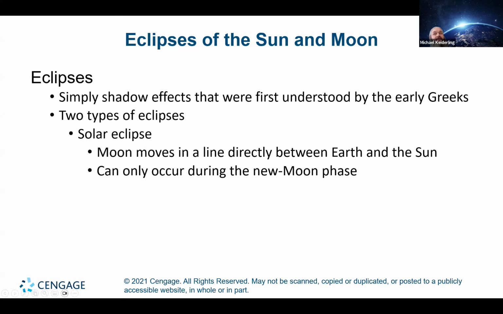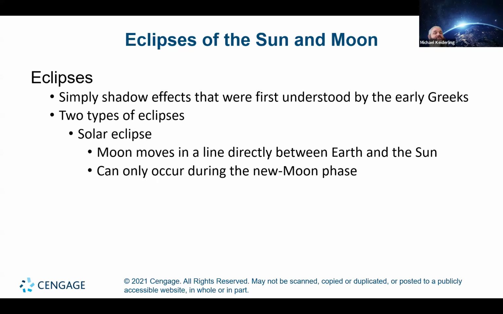So eclipses are just shadows from various objects onto other objects in space. And the fact that they were simply a shadow effect was first understood by the early Greeks. There are two types of eclipses. There is a solar eclipse, when the shadow of the moon falls on the Earth, so the moon blocks out the sun.